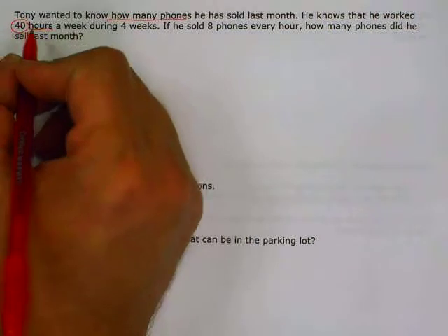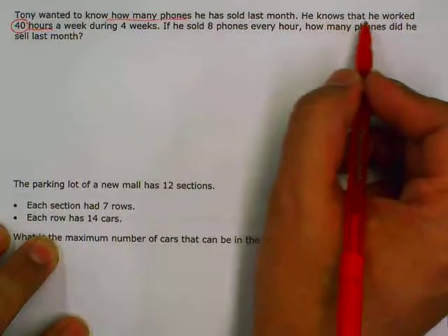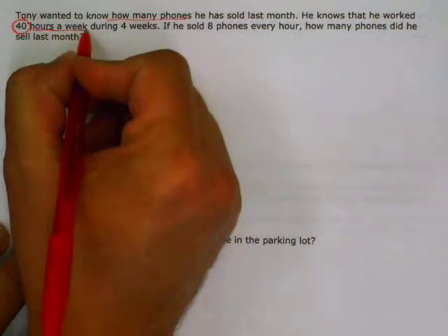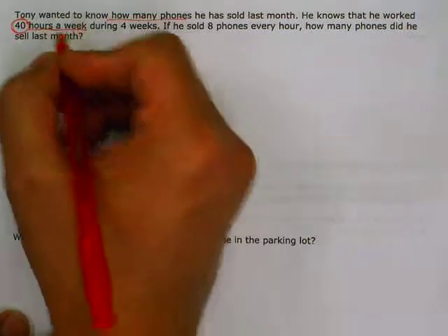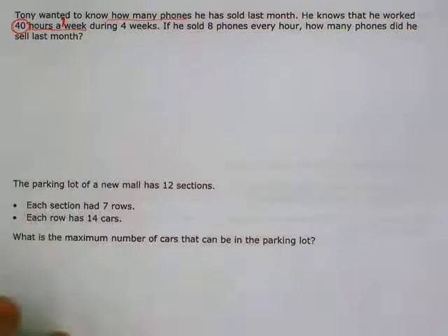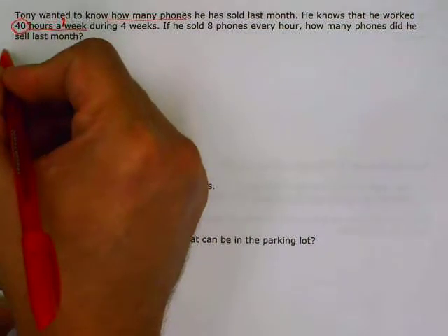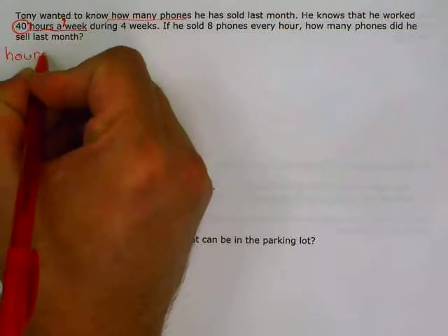I'm going to go back. He knows that he worked 40 hours a week. So far, what is that? In 1 week. So that is a relationship between weeks and hours. Hours and weeks.